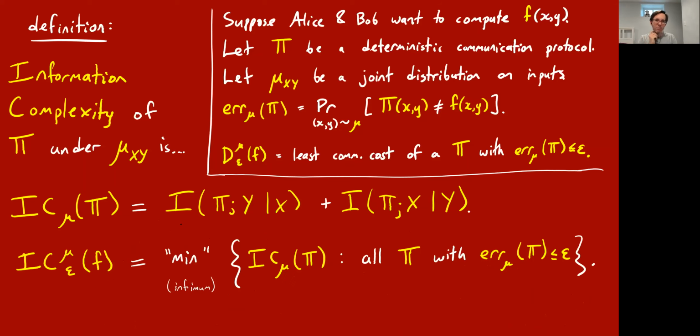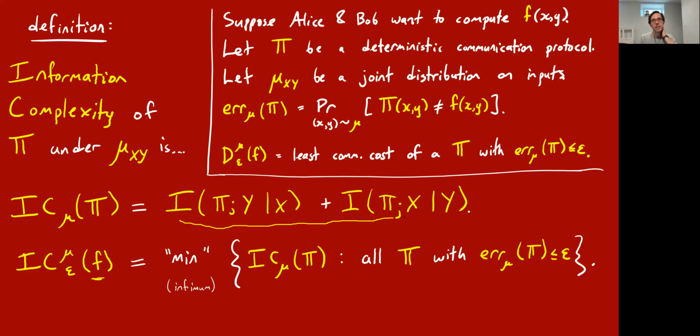And I'll explain a little bit more intuition on that in a second, but let me just say now that it's also abusive notation, but the information complexity of the problem or function f under distribution mu with error epsilon is like, imagine Bob and Alice still want to solve the same task as before, but instead of trying to minimize the communication, the number of bits they send back and forth, they instead try to minimize this informational quantity.